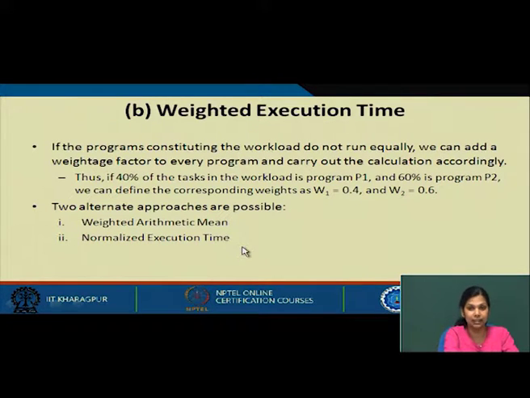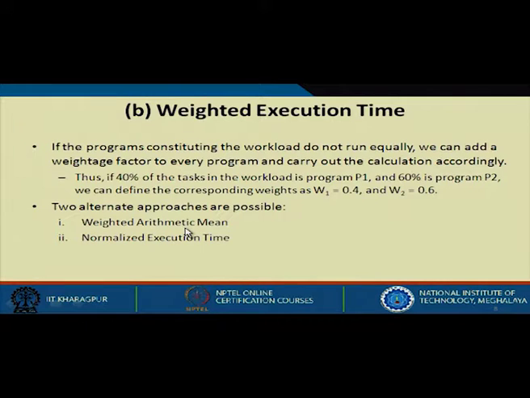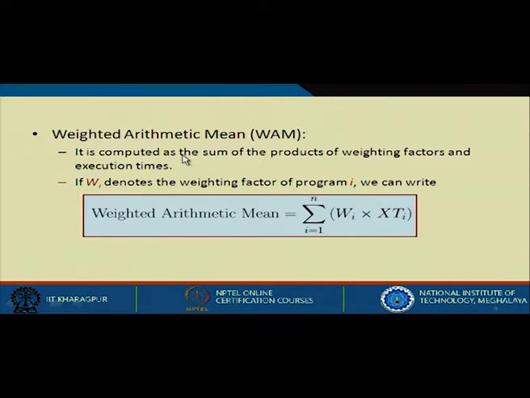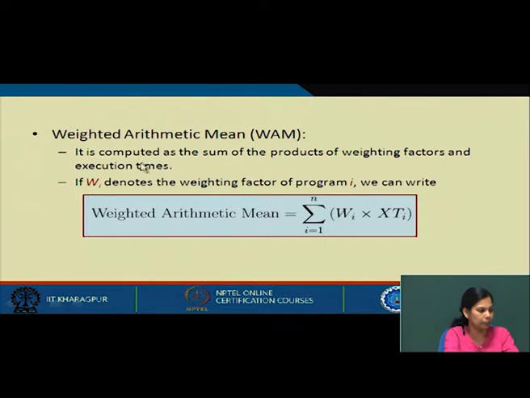Now, we will see two alternative methods. One is weighted arithmetic mean, another is normalized execution time. Arithmetic mean we have already seen. Let us see what is weighted arithmetic mean, WAM. It is computed as the sum of products of weighting factors and the execution times.